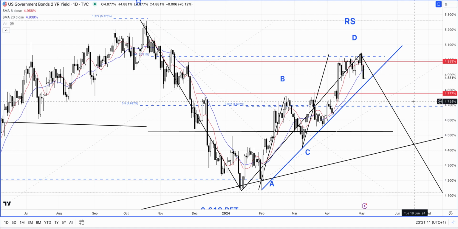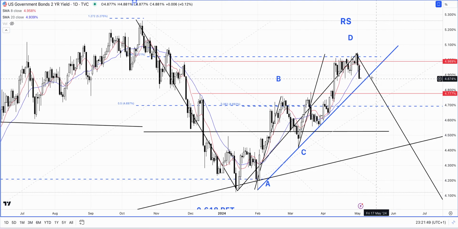But what is important for us is really what happened over the course of the past 2 days. So if you remember, this is the 4.9, it's roughly 5%, and we were really watching for this 5% yield level on the 2-year Treasury note, and the market had just gone sideways for quite a while, and 5% is a pretty significant number from a psychological perspective as well.